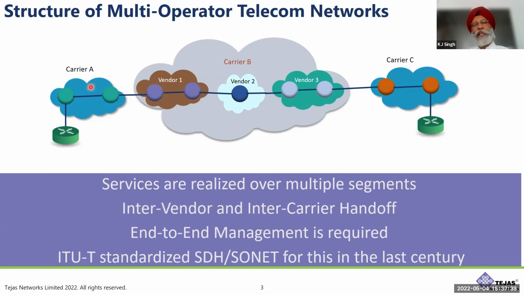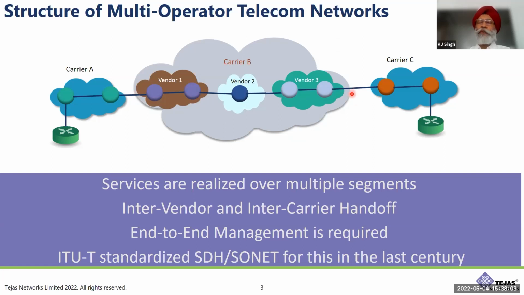If this service is down, carrier A needs to debug his part of the network. Within carrier B, the EMS of vendor one will debug this section. The EMS of vendor 3 will debug this section. The overall umbrella EMS, NMS that carrier B uses will establish that the service works between these two endpoints.